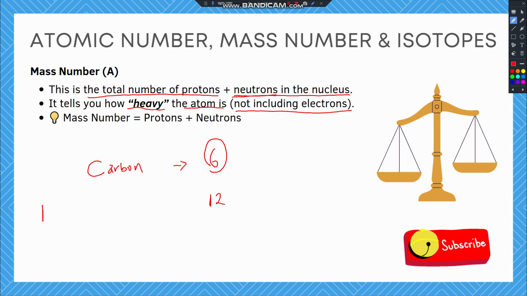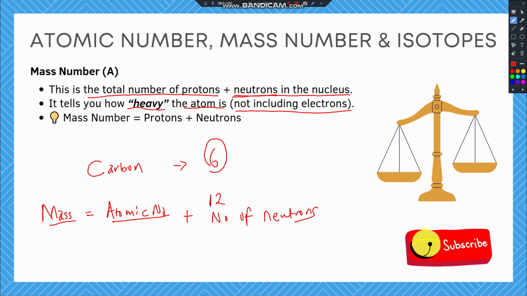Of course, you know mass number is equal to atomic number plus number of neutrons, and atomic number is simply the number of protons.